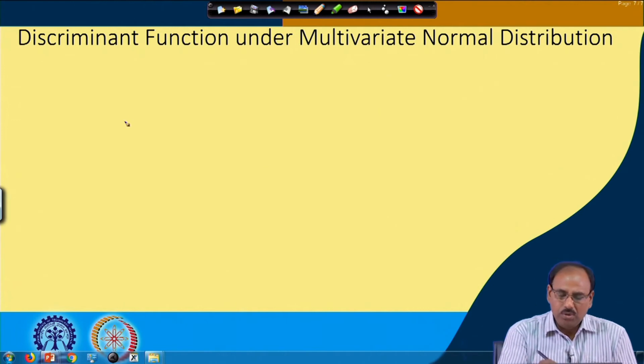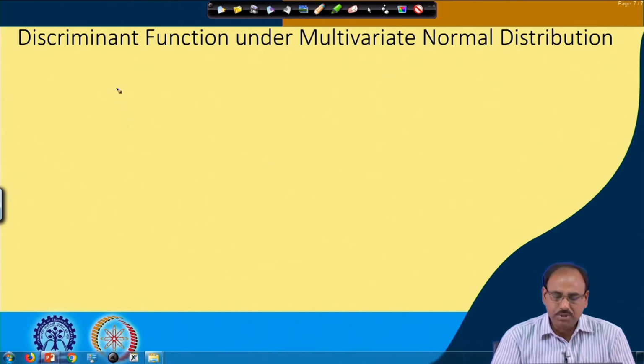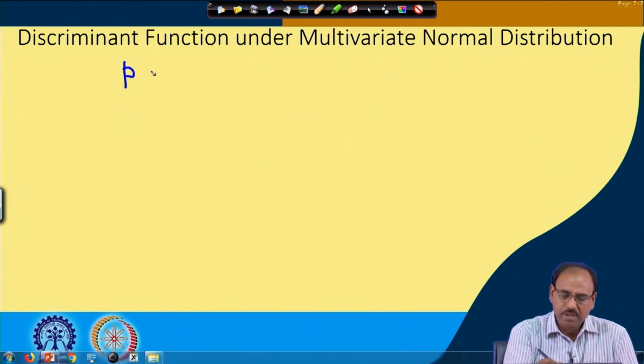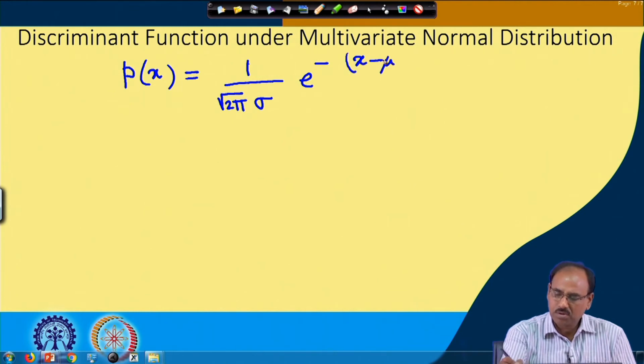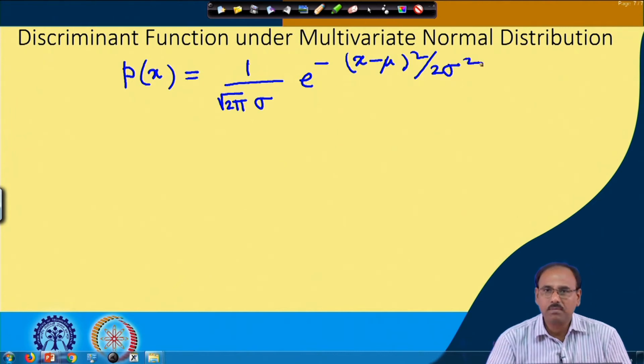So, we all know that the normal distribution, if I have a single variable, say p(x), is given by 1 over square root of 2 pi sigma, e to the power minus (x minus mu) square upon 2 sigma square.